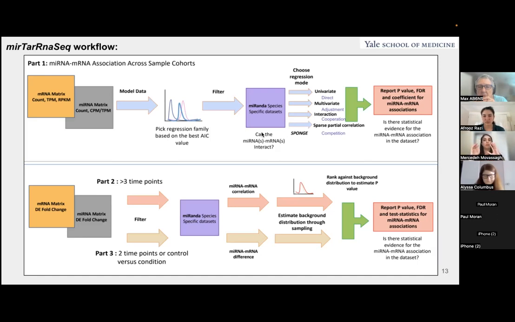I'll explain it a little bit more in the next slide. But basically, you come up with average AIC values, and the lower it is, the better. So you pick that model to run your data set on. Is that clear?